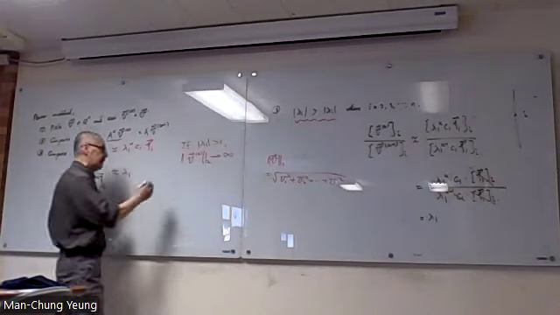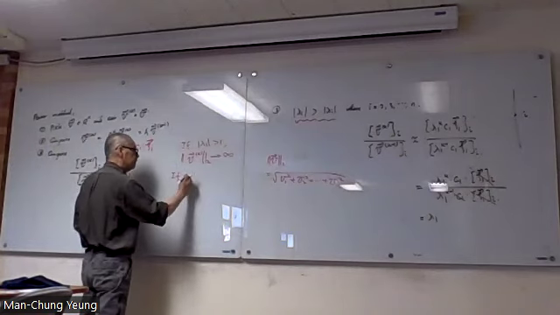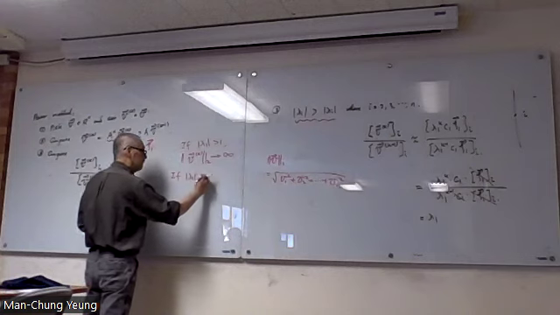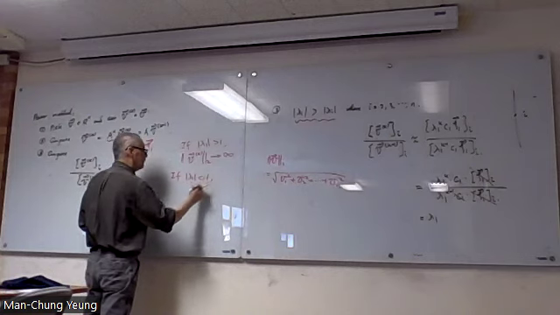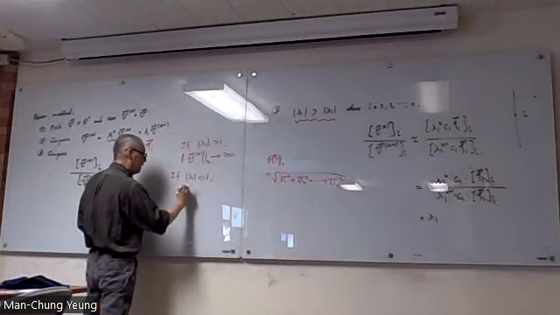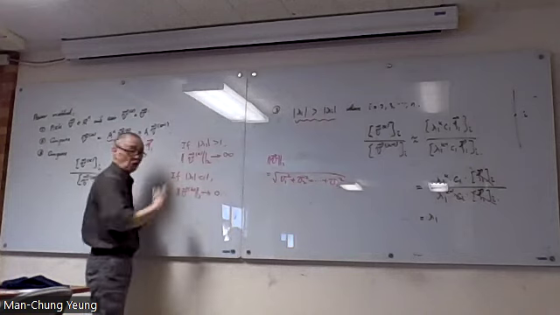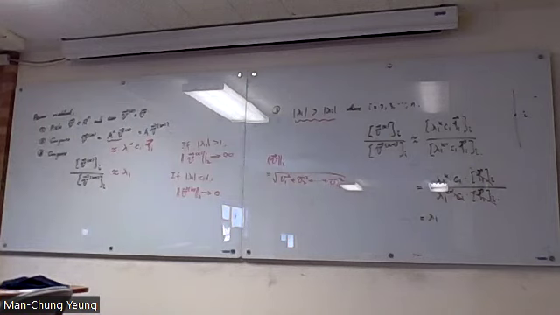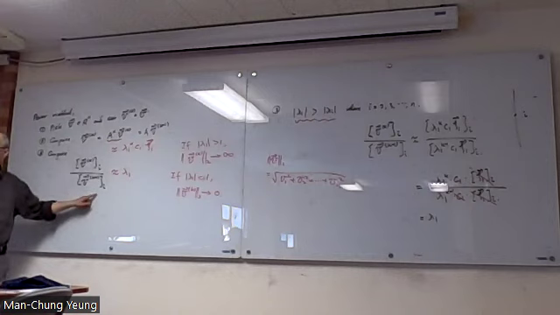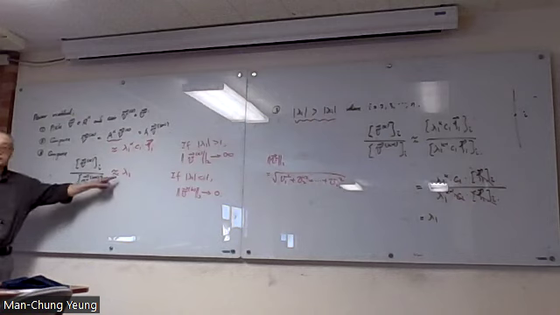In the other case, if the absolute value of lambda 1 is less than 1, then Vk will drop to 0. But this ratio, in some cases, may converge to lambda 1 slowly.